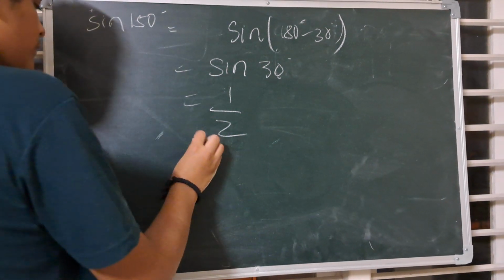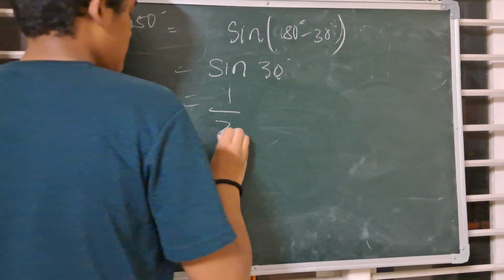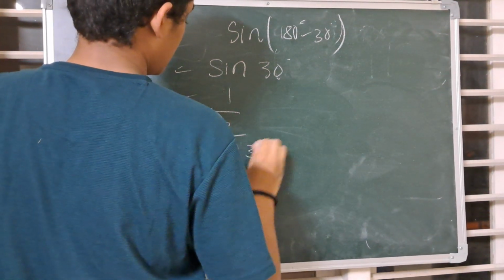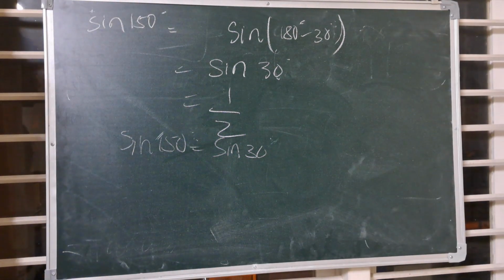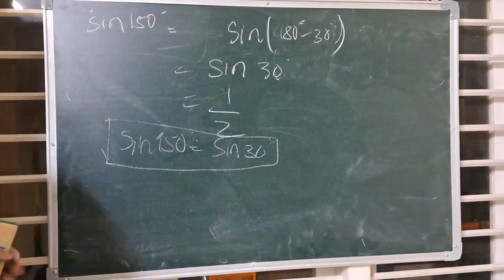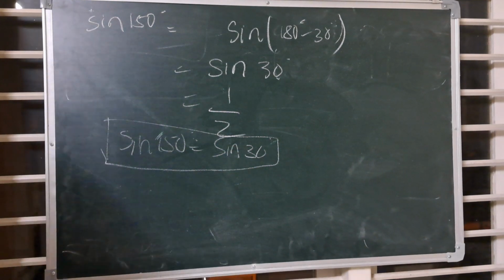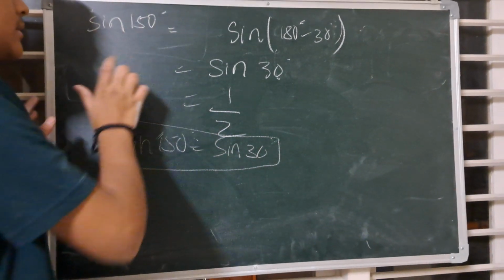So from here also we can say that sin 150 is equal to sin 30 degree. This is for our understanding, not for the exam. We should not write it in the exam, it's not necessary. So this is the basic.